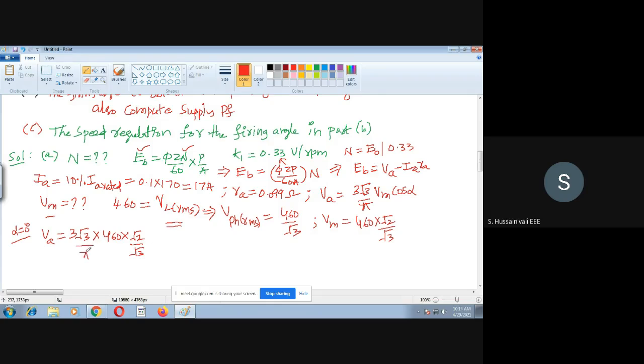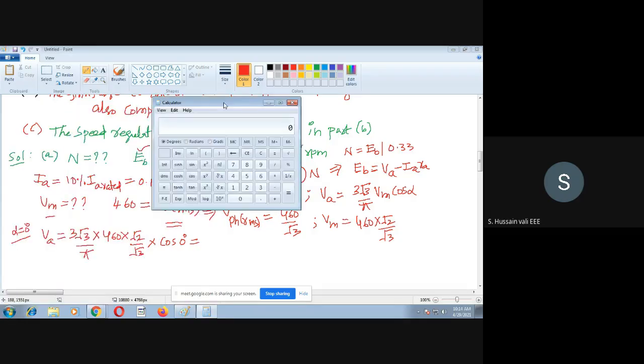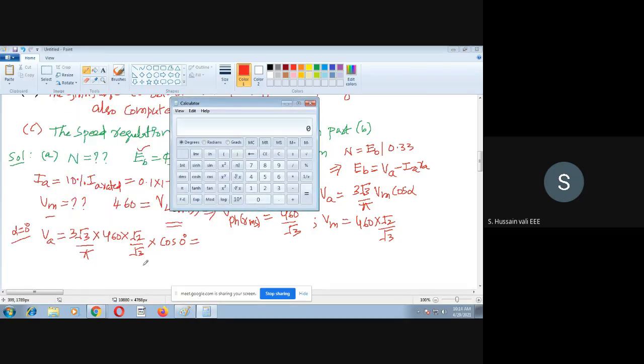So the root 3 gets cancelled, and we have 3 into 460 into 1.414 divided by pi.